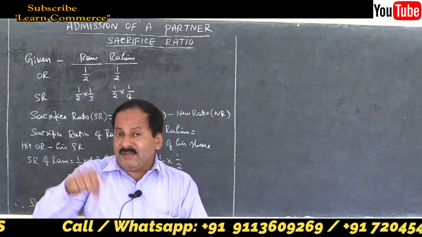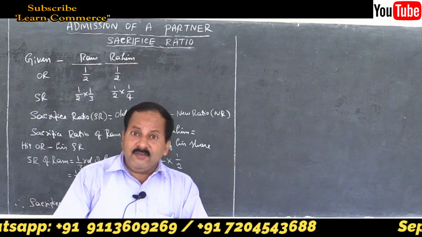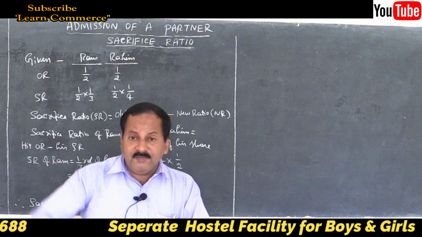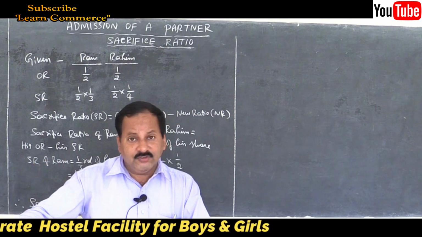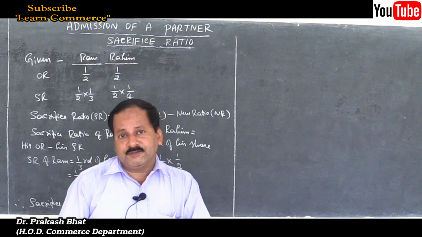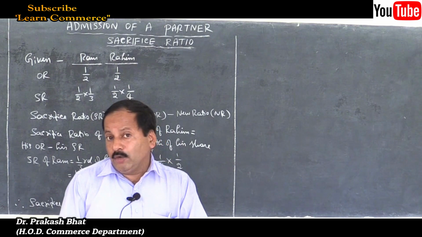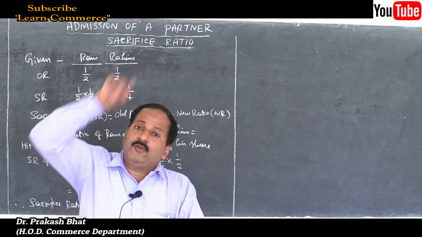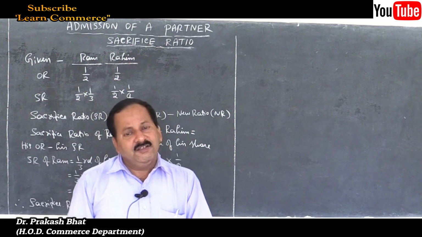How much is the remaining share? And that will be shared by the old partners Ravi and Shankar in the ratio of 3:2. Then we will get the new ratios of the old partners. When we deduct the new ratios of old partners from their old ratios, we will get the sacrifice ratio.